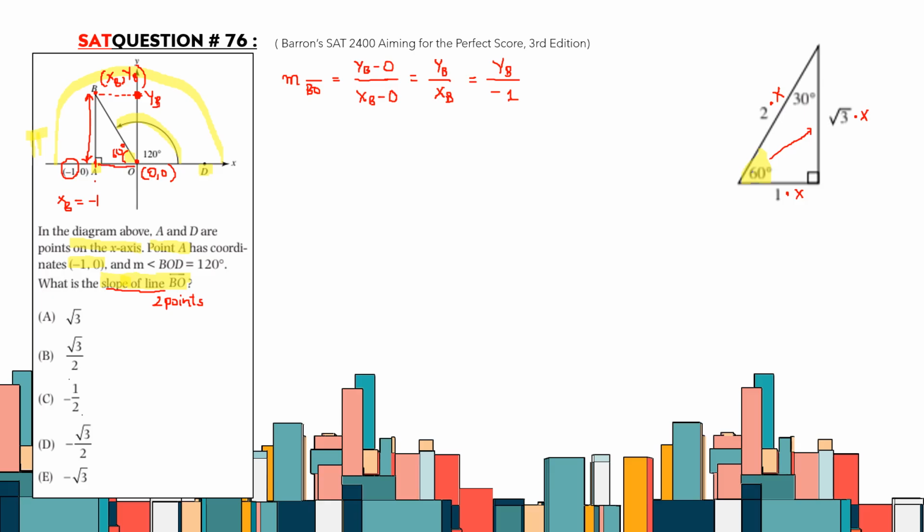In this case, let's use a instead of x so that we're not confusing it with the coordinate of B. So we multiply by a. This one is a, opposite to 60 is square root of 3 times a, and the hypotenuse is 2a.